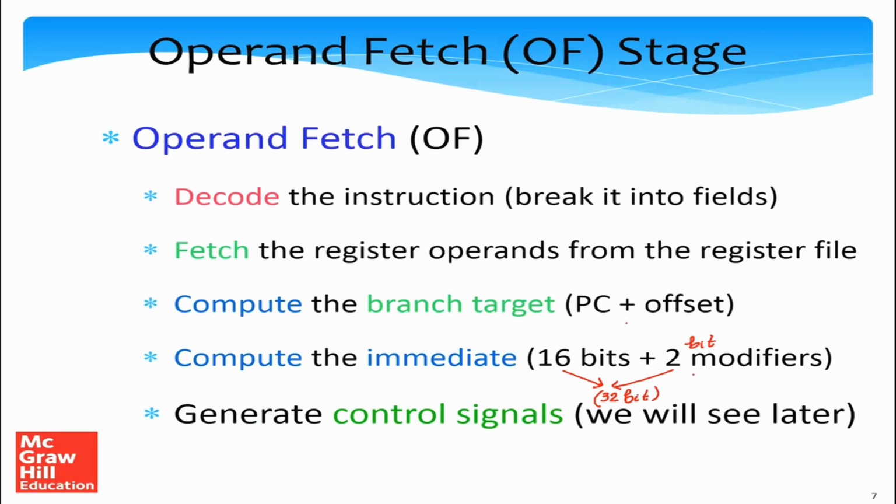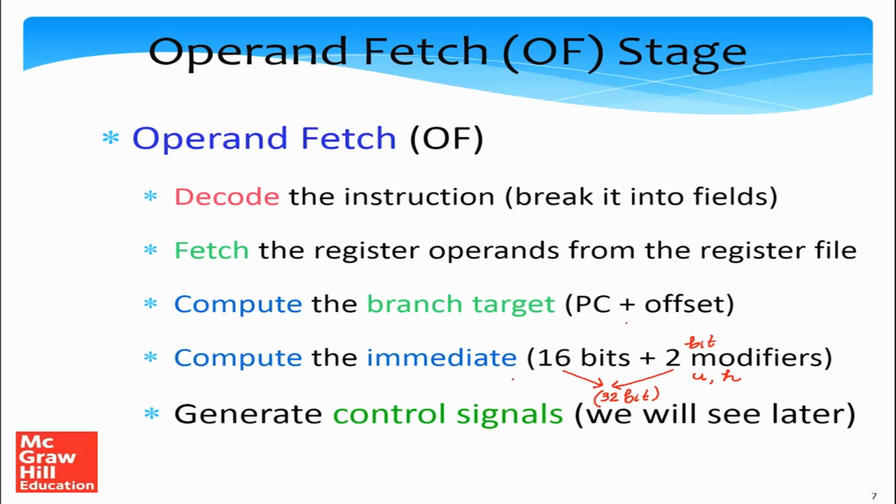Our 2 modifiers are: we have a U modifier, where we treat the 16-bit quantity as unsigned, and we have the H modifier, where the 16 bits are loaded in the upper 2 bytes of the 32-bit constant that we create. This immediate needs to be expanded, after taking the modifiers into account, into a 32-bit quantity.